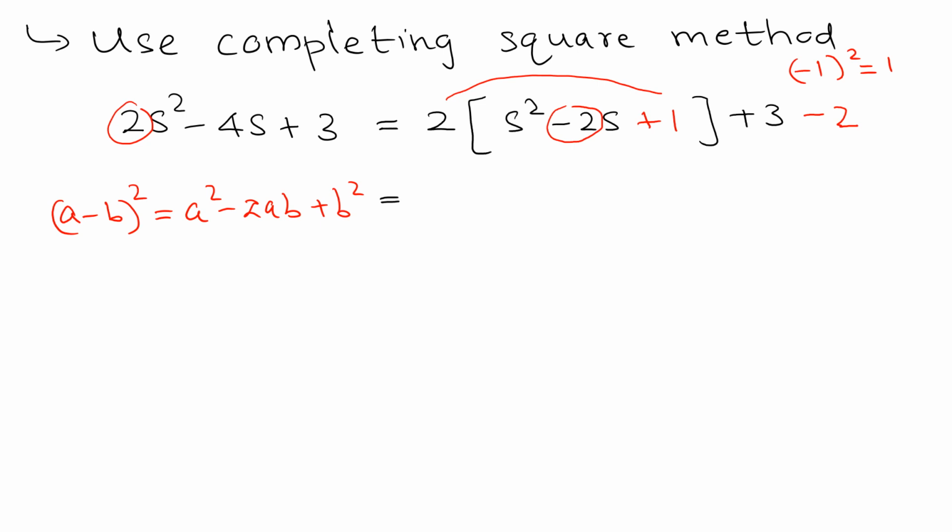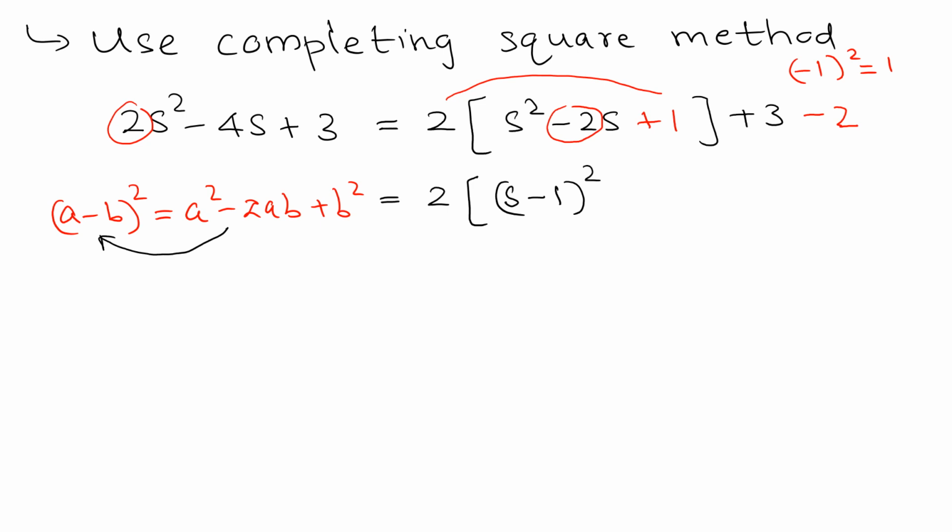So you can see what is inside there is half of the coefficient. You have to write just half of the coefficient. So we can use the same idea here. Because of this formula, you can automatically write the inside term as s minus half of the coefficient, which is 1, squared.